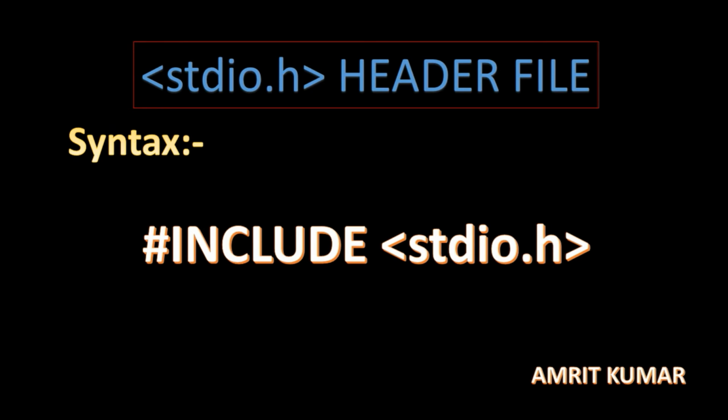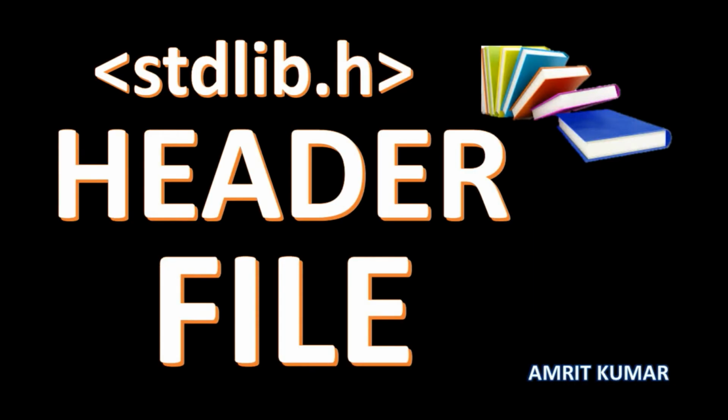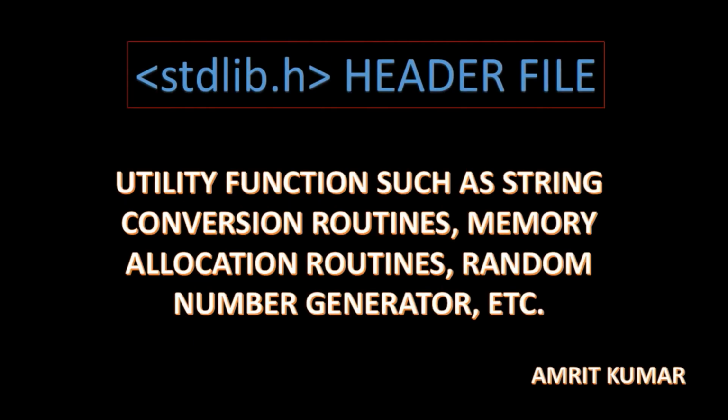After this, the stdlib.h header file. The stdlib.h header file's work is utility functions such as string conversion routines, memory allocation routines and random number generators, etc. Now look at the syntax of it. You need to specify #include <stdlib.h>.